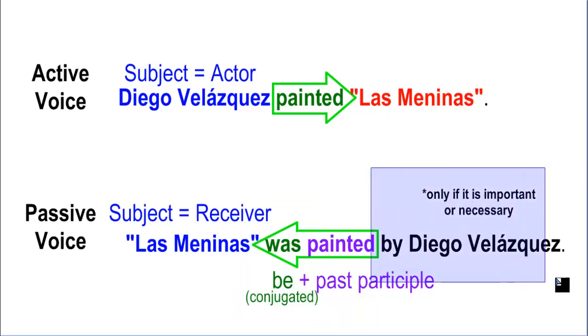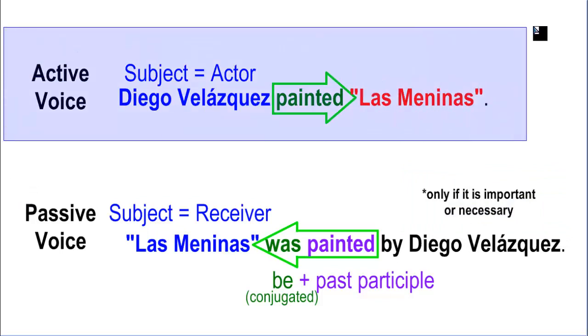And also don't forget, mention the author or the performer of the action only if it is important or necessary. Okay, if it's by someone, don't say that. Or by people, no, that's also incorrect. Only if it is important or necessary. And the uses.